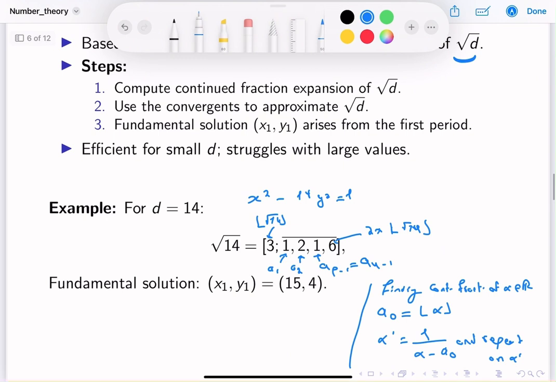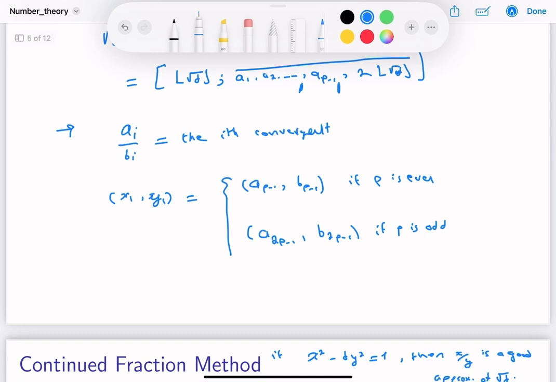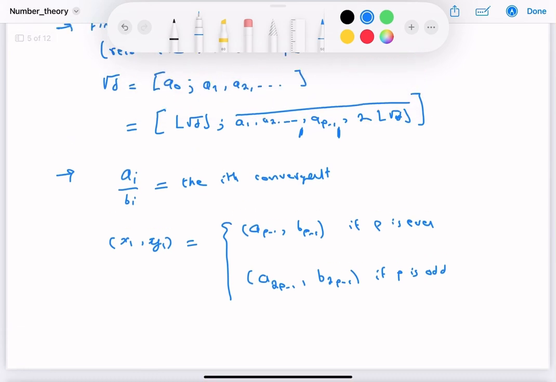So since p here is even, from the algorithm we're gonna stop there, and maybe here instead of a and b, let me just use alpha and beta. It was a bad notation.